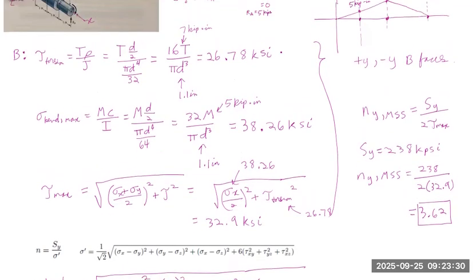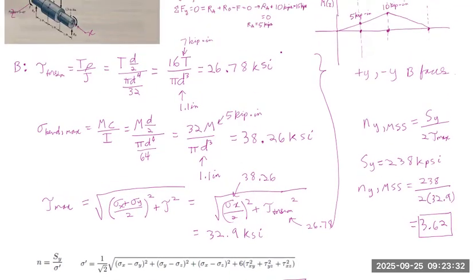And which face is it acting on? Well, we can draw a little diagram. So we are concerned with this part where the diameter is 1.1 inch. And the torsion stress, because we are twisting it this way, so at this location the vector will point this way and the vector of shear stress will point this way on the bottom direction. So it's basically acting on the x face in the z direction.